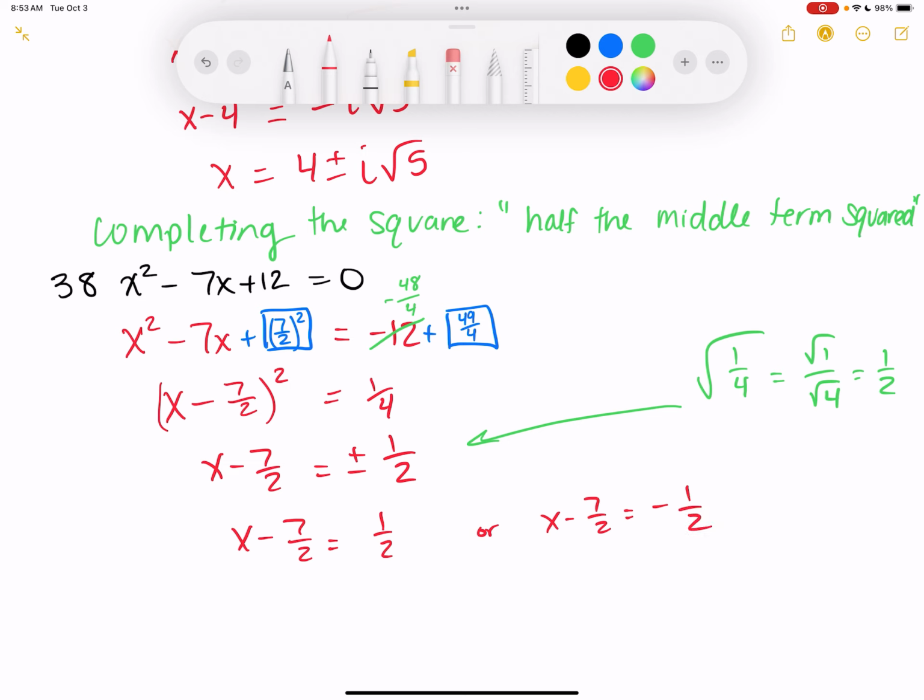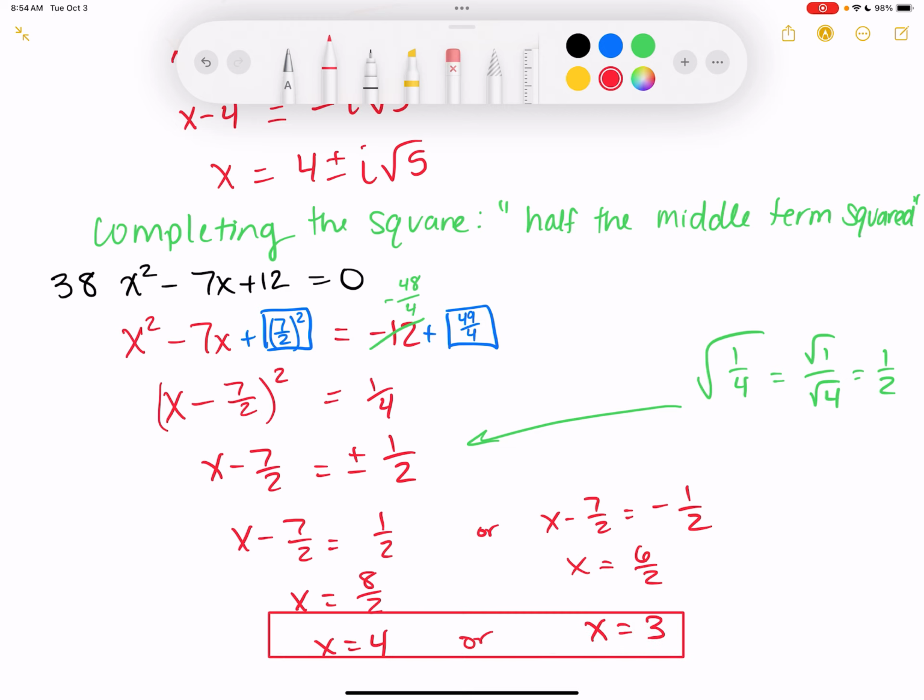Are we tracking on that part? So then add the 7 over 2, so x is equal to 8 over 2, or x is equal to 6 over 2. So x equals 4, or x equals 3.